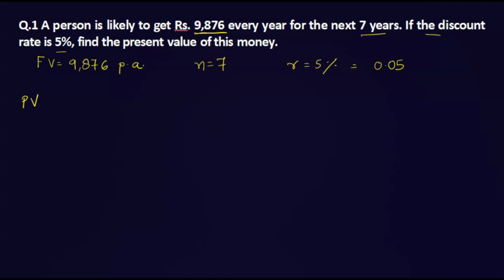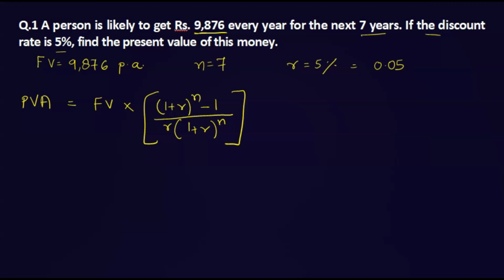The formula is PVA, present value of annuity, equals future value multiplied by 1 plus r to the power n minus 1 divided by r into 1 plus r to the power n. Only we have to write the values. So here future value is 9,876.